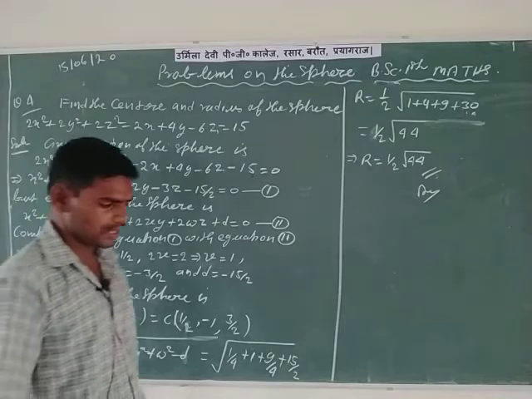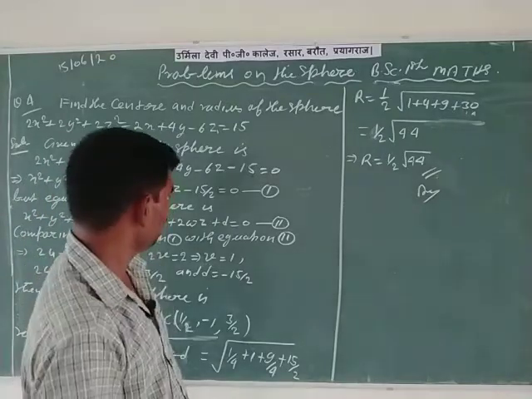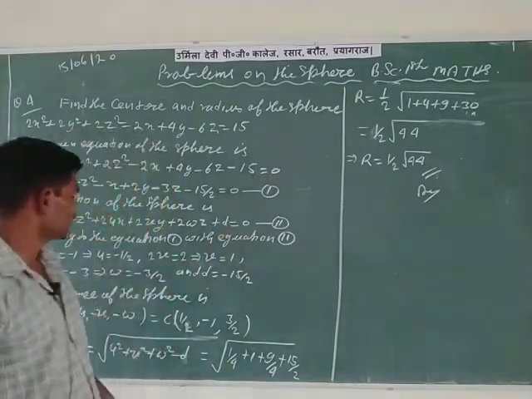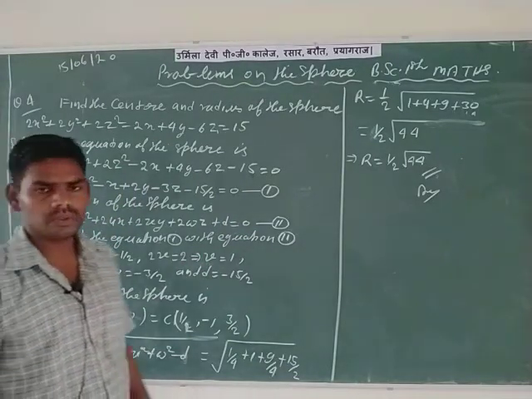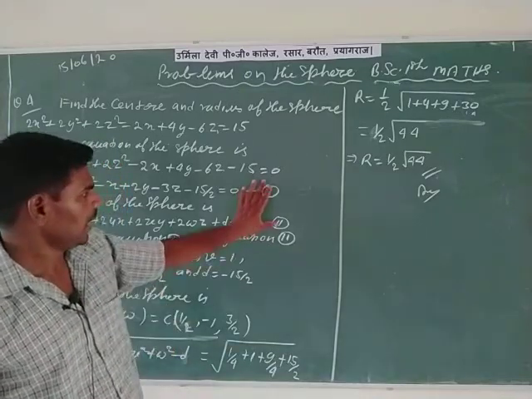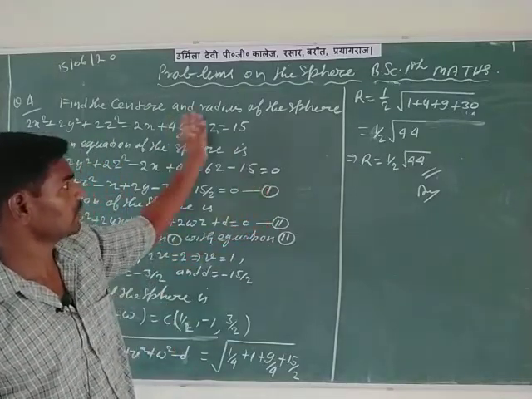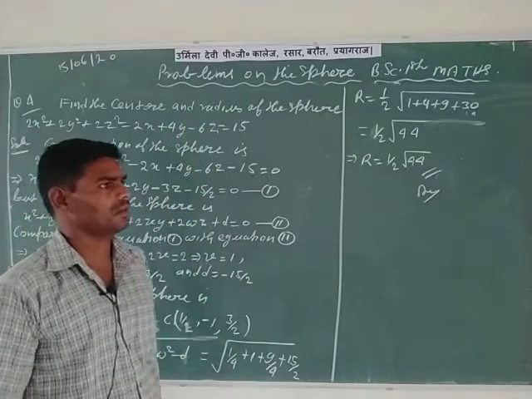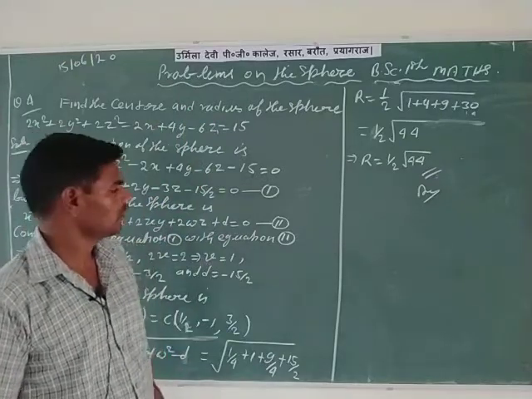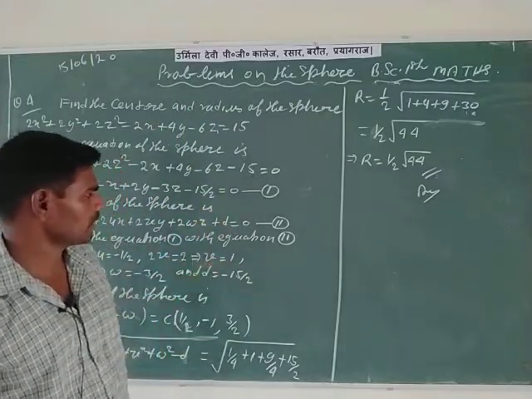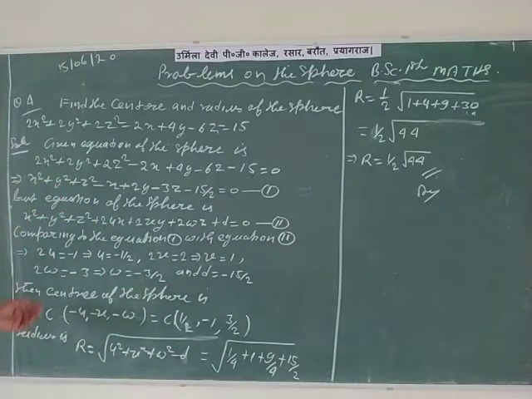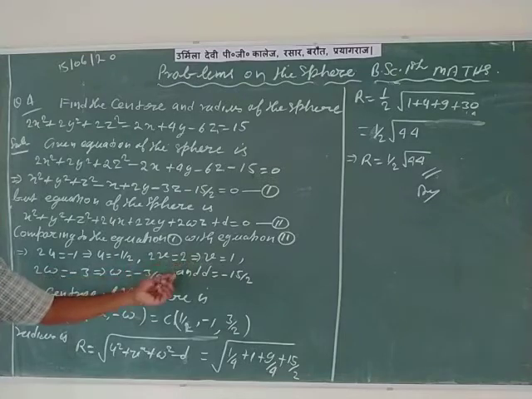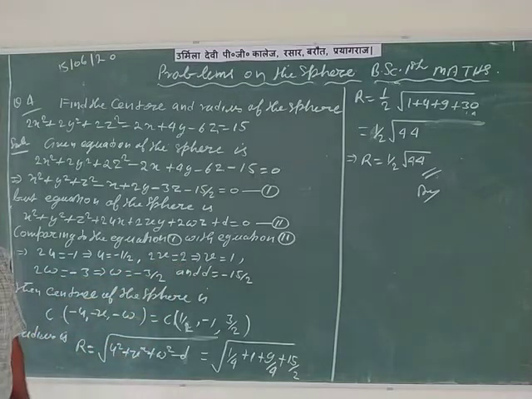So 1 is the sphere equation in the general form. After this, write the general form of the equation, x square plus y square plus z square plus 2ux plus 2vy plus 2wz plus d is equal to 0. Here our aim is to find the coordinates of the center and the radius. For this, comparing the coefficients of x, y, z and constants, the u value, v value, w value and d value are clear.